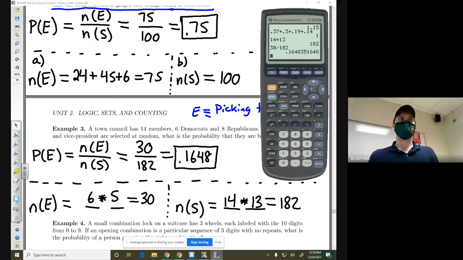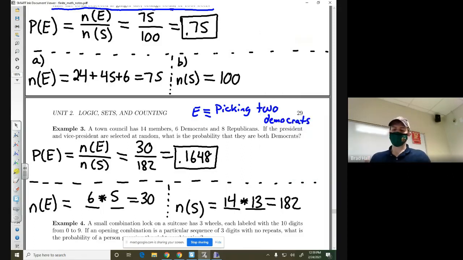Again, it might ask for more, it might ask for less, or it might ask you to convert this to a percentage, which means you simply multiply the result by 100, or move the decimal place to the right 2 times. But in any case, this is telling us the proportion of 2 Democrats being chosen relative to just 2 people being chosen. Or in other words, there's a 16.48% chance of 2 Democrats being chosen.